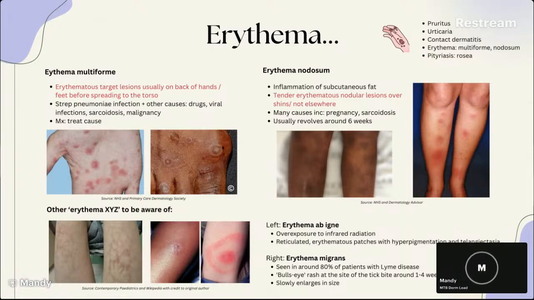Arguably it can look quite similar to erythema multiforme, but with erythema migrans, it's usually one bullseye rash that slowly enlarges, whereas with erythema multiforme, the specific lesions themselves are slightly smaller, and there are usually many of them, dotted around the back of the hands, the feet and torso. Whereas erythema migrans, that bullseye rash is usually at the site where the tick had bitten the patient.